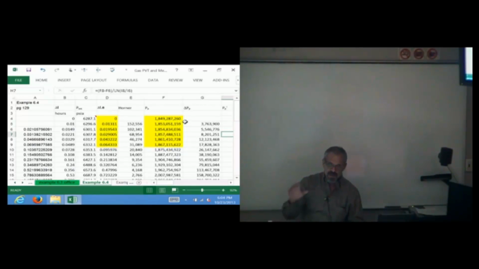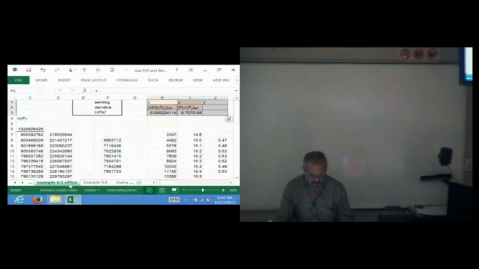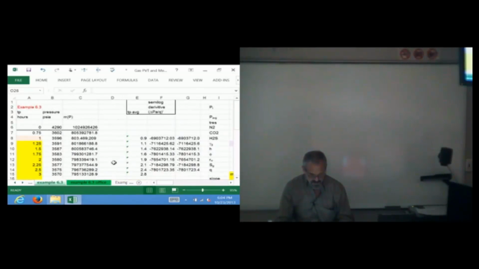I can probably save myself a lot of keystrokes if I start with this page. So let's take 6.4. Oh, there's a Horner. Okay, let's do 6.3.